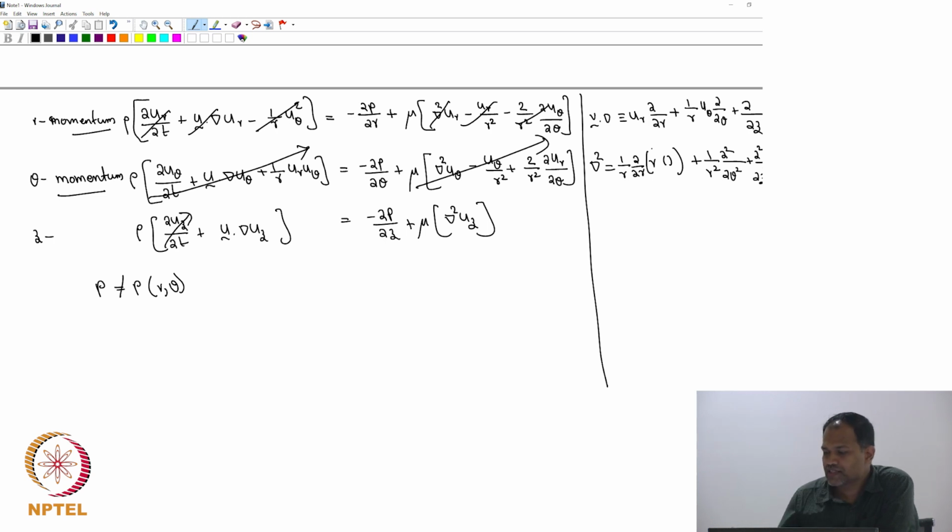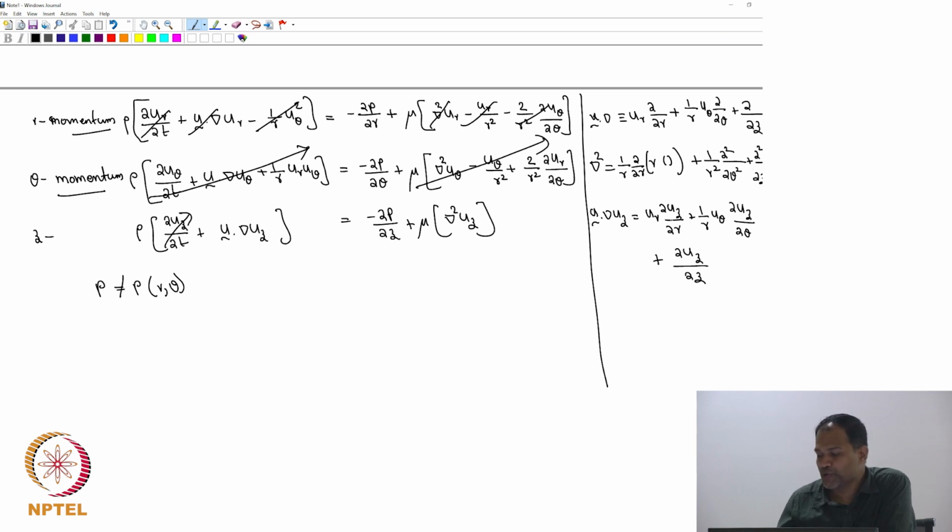You can see this is what the equation is going to be. u dot grad uz would mean ur ∂uz/∂r plus 1/r utheta ∂uz/∂theta plus uz ∂uz/∂z.